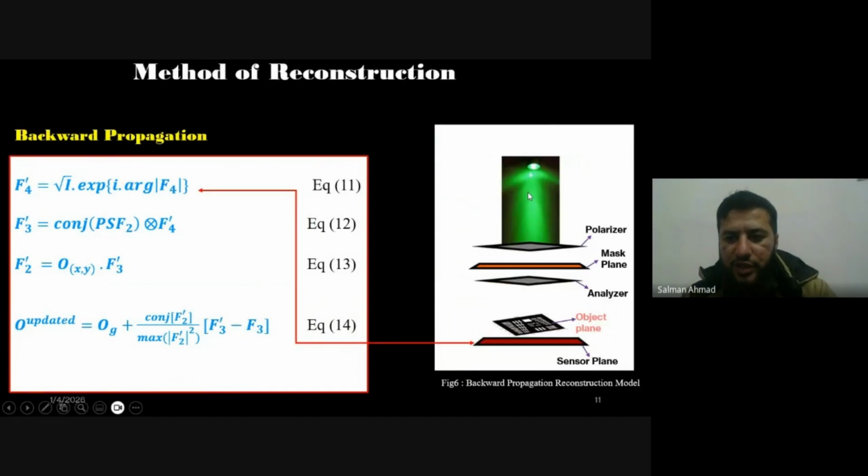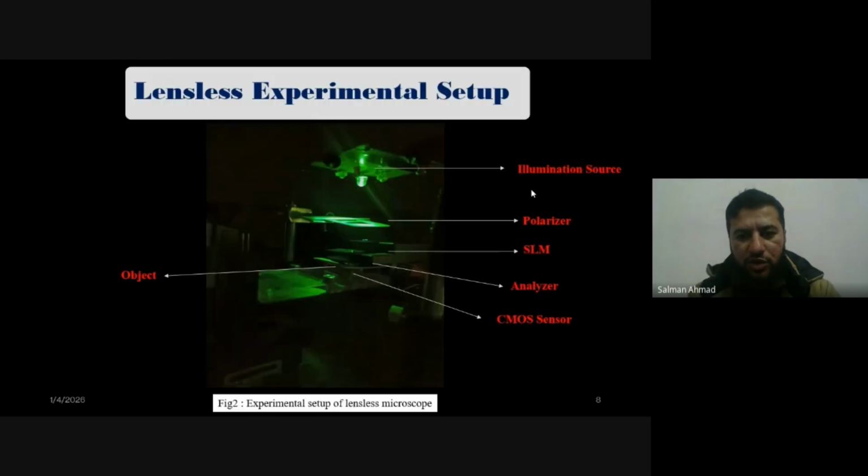I use the green because green color has less energy, it is a cool color, and compared to blue light or other lights, the green light does not affect the cells here. If we use it for medical purposes, medical images, it does not damage the cells.